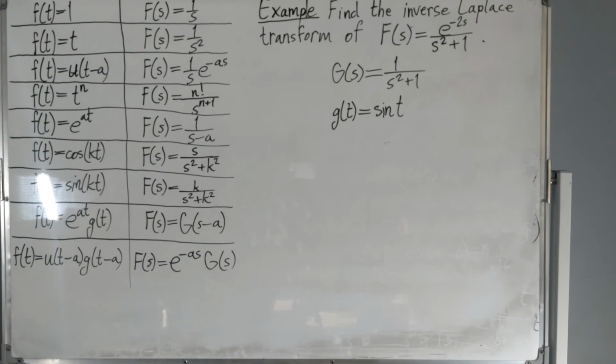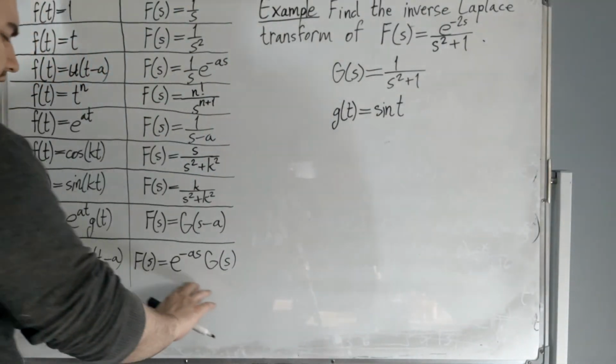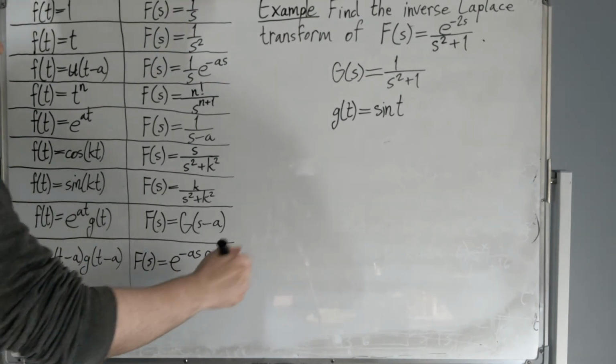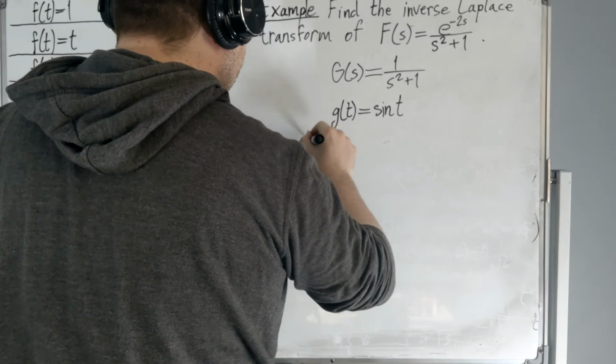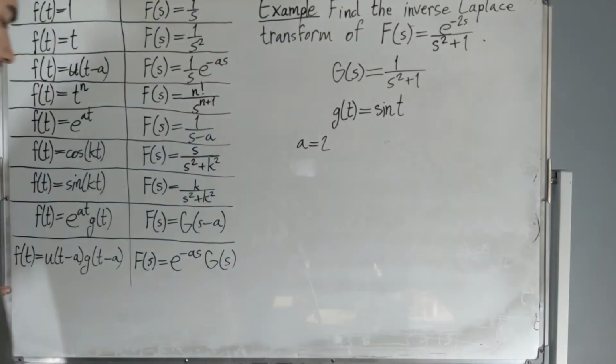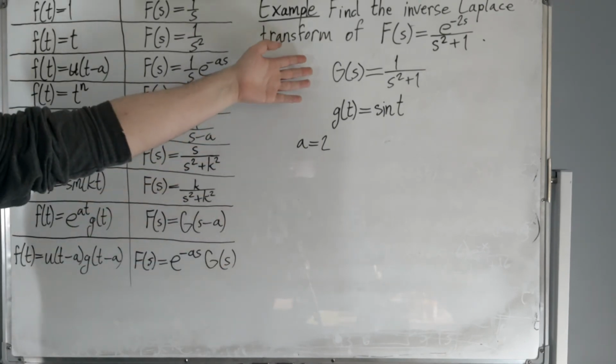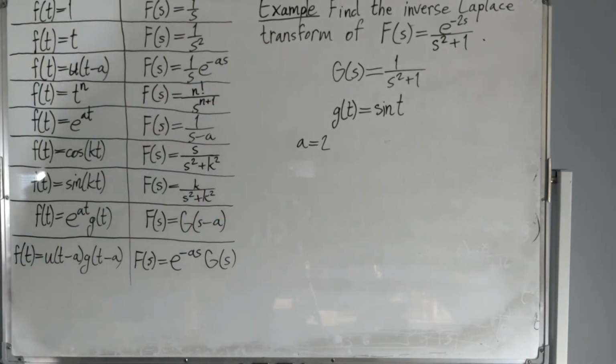Okay, great. Now, according to this last rule here, we have e to the negative 2s, so a is positive 2, times capital G of s, where capital G of s is 1 over s squared plus 1.